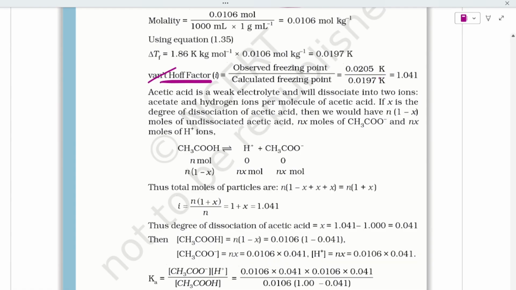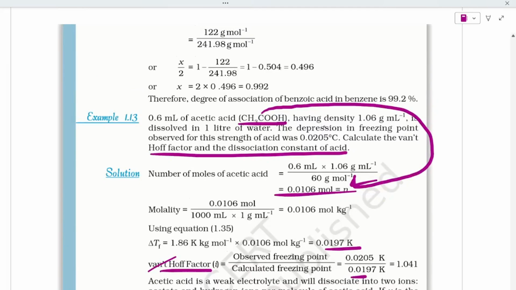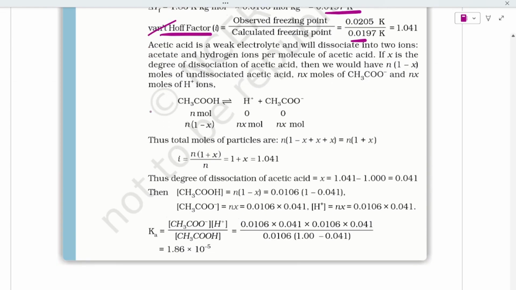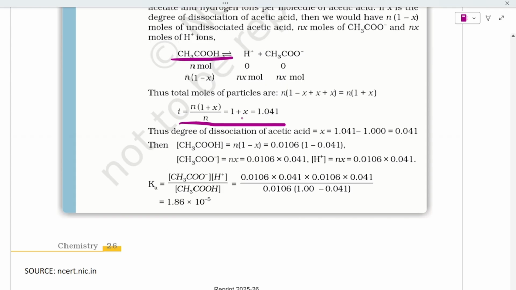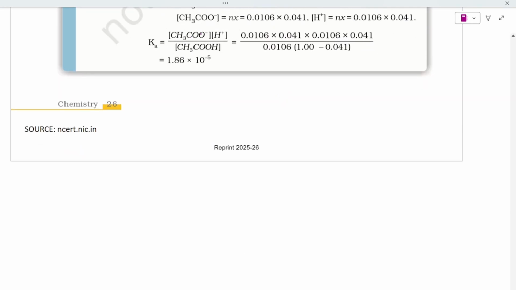You substitute this here, and we have got 0.205. The observed value given is 0.0205. From the diagram, CH3COOH gives H plus ions and CH3COO minus. i is equal to 1 plus x, so 1 plus x is equal to 1.041, which we have got here. And Ka will be the concentration of CH3COO minus and H plus divided by the total, and if you calculate this, you will get 1.86 into 10 raised to minus 5.